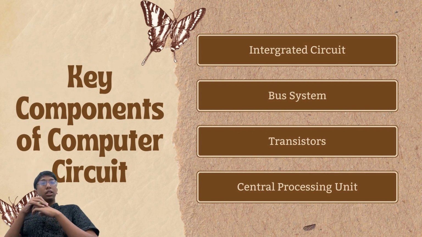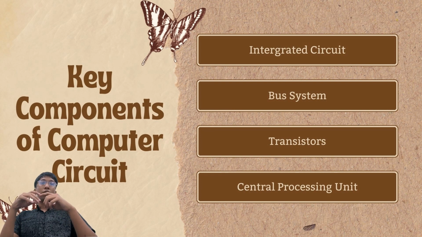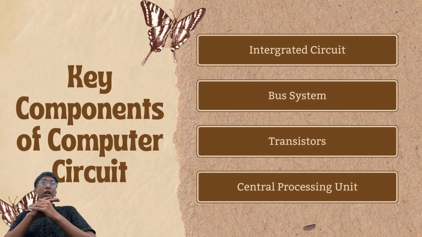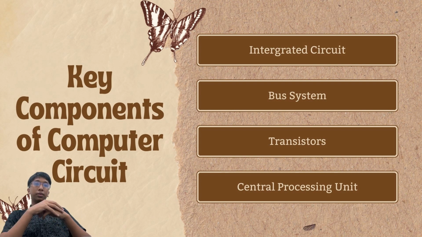Might I say the CPU acts as a brain where all the information and system go in and out. Next is the transistor. The transistor is a nerve for the information to flow. And the bus system is exactly like an impulse, where the information moves in and out from the CPU to the memory system. And the integrated circuit is a complex organ of the computer circuit.